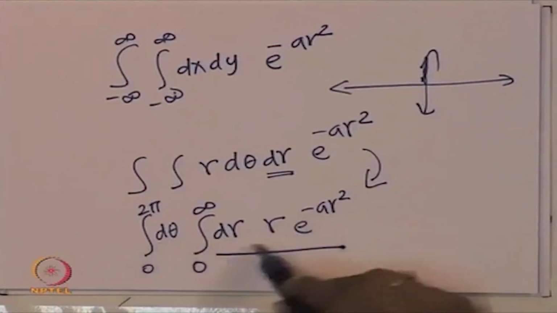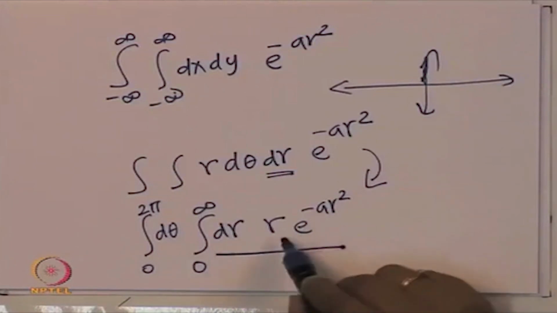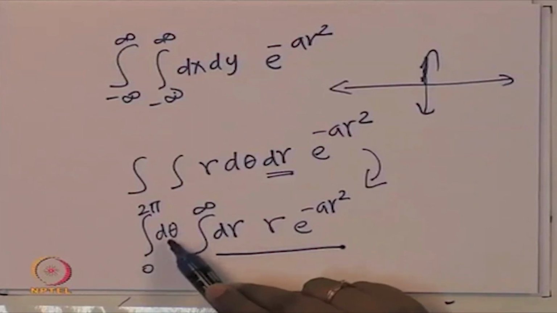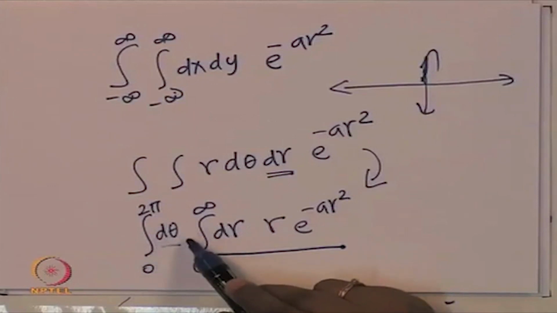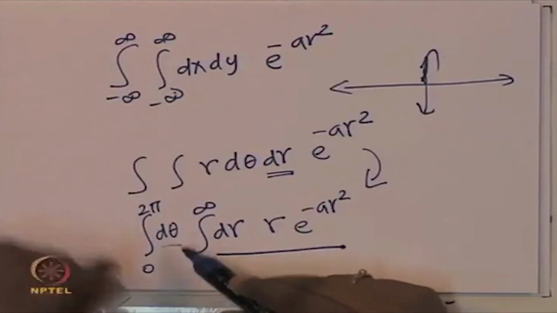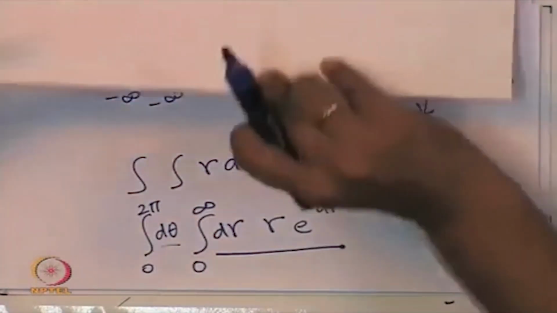So, this theta integral can be done just on its own. The integral from 0 to 2 pi of d theta is just theta, and if you apply the limits 0 to 2 pi, this becomes just 2 pi. So, this part of the integral is just 2 pi. Let me write 2 pi.